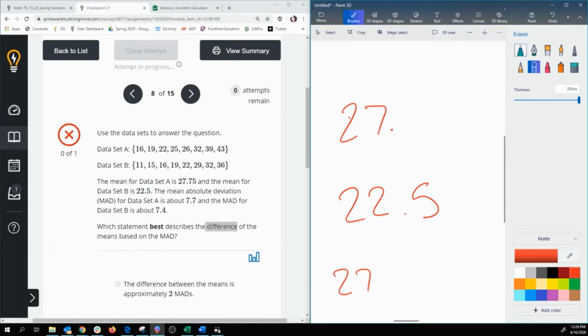It should be 7.5. And then it says that my mean absolute deviations are pretty close, right? This one is 7.7 and this one is 7.4. So I am going to pretend like my mean absolute deviation is 7.5 because that's kind of in between both of them and it's a pretty rounded out number.